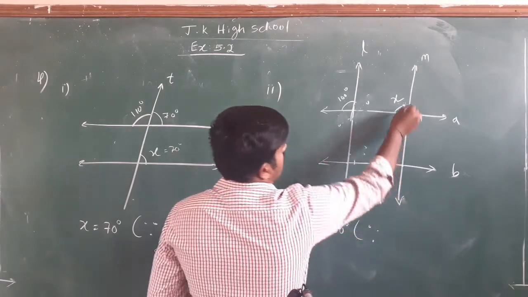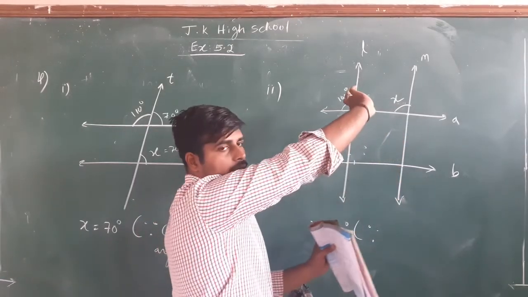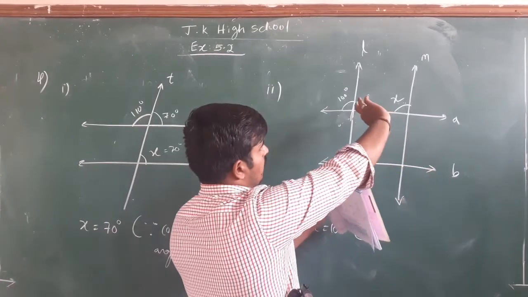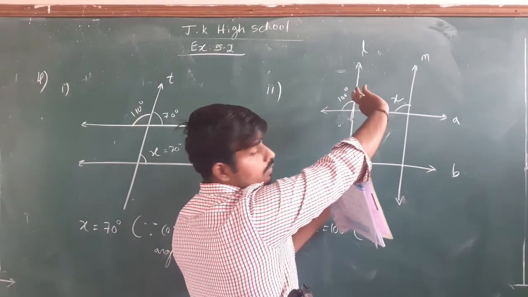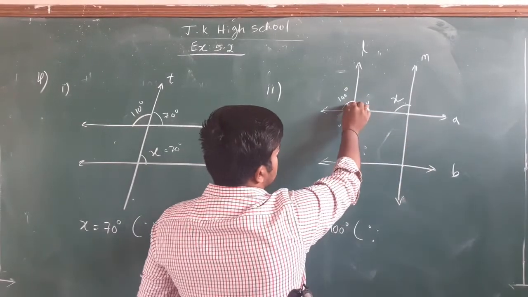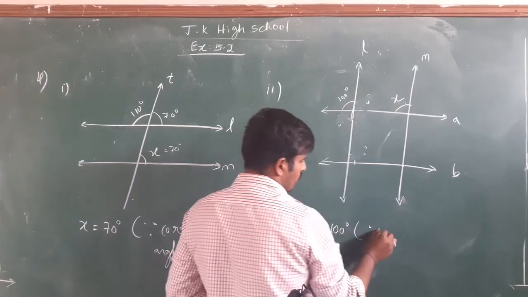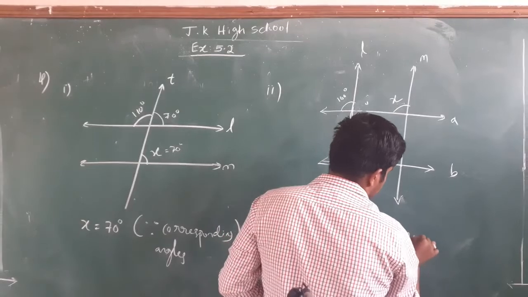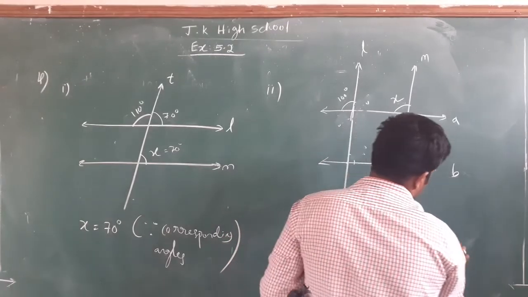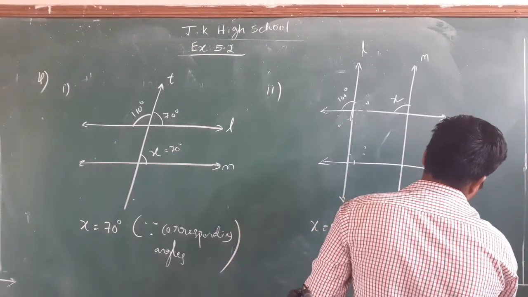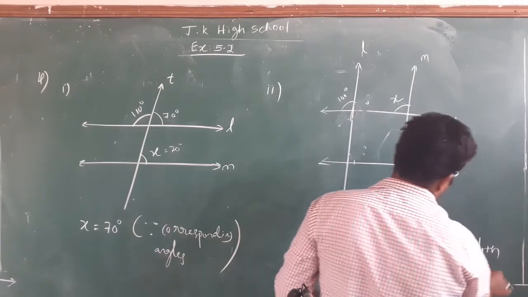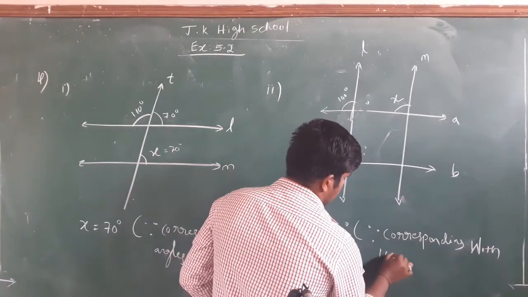If you rotate this diagram 90 degree, just rotate your textbook 90 degree, you will see that this 100 degree is in correspondence with x, therefore x also becomes 100 degree.